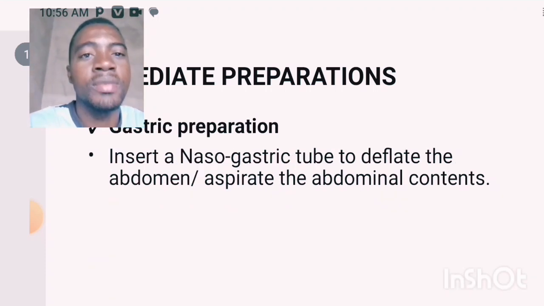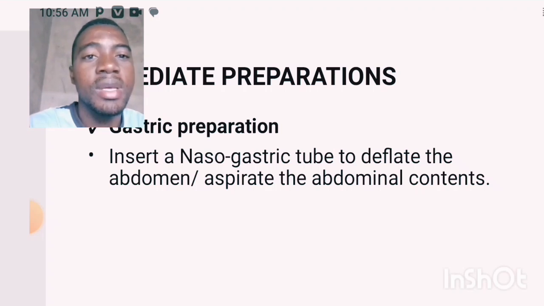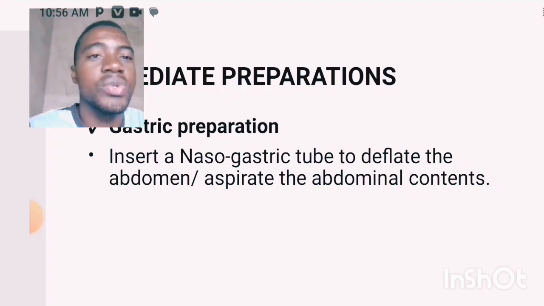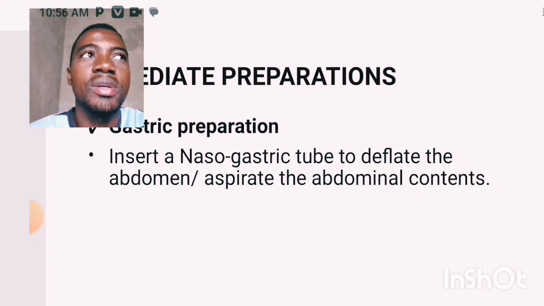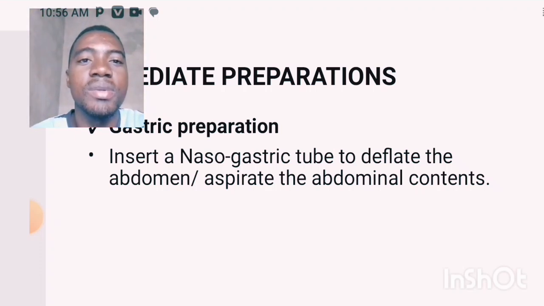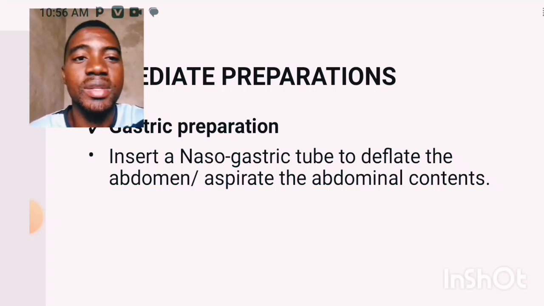Gastric preparation. I will insert a nasogastric tube to deflate the abdomen and aspirate the abdominal contents. Mostly in pre-op, it's very important to insert a nasogastric tube, because this person maybe had eaten and then went into an attack.